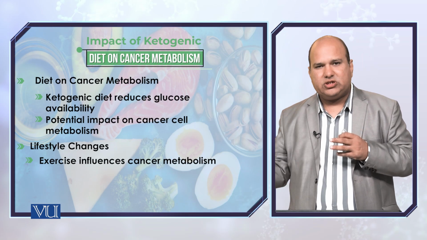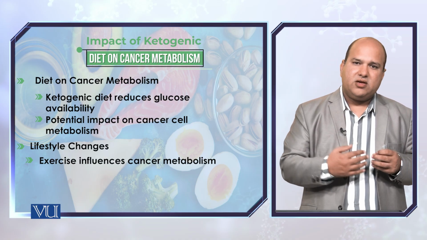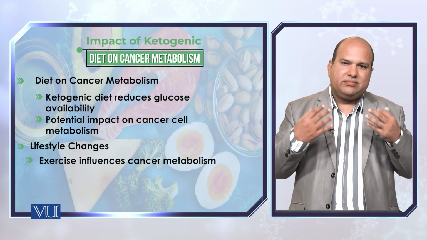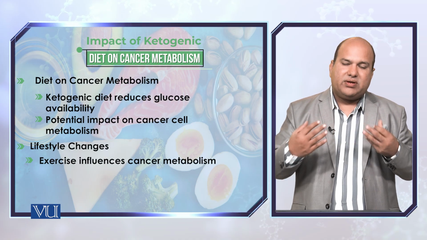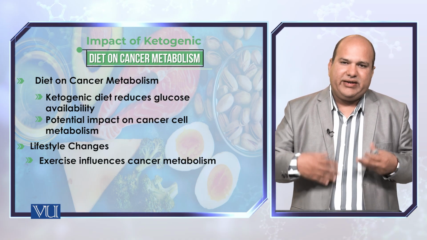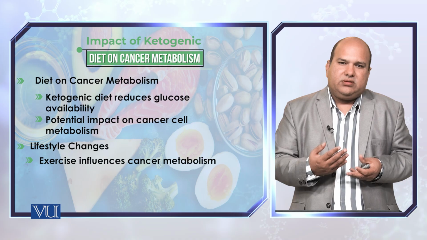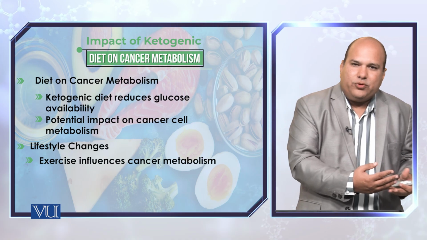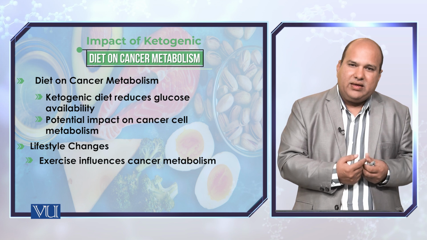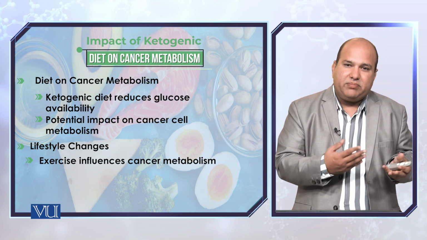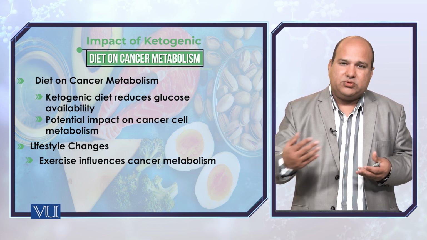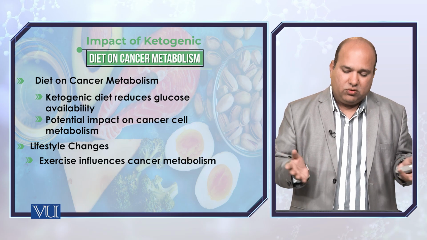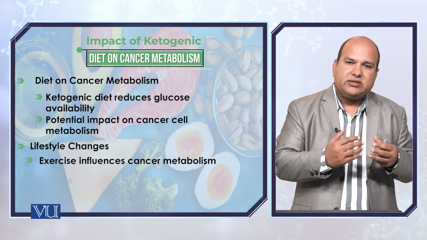Also, in addition to chemotherapy, radiotherapy, or immunotherapy, you can also change your lifestyle. You can change your dietary habits. Rather than eating more and more glucogenic food, the food which produces more and more glucose, which can very easily be used by the cancer cells, you take ketogenic food.